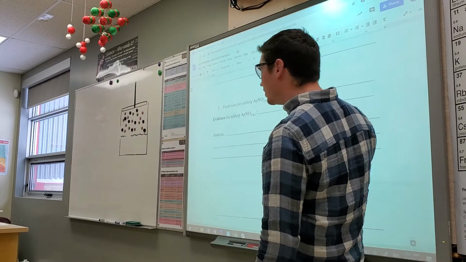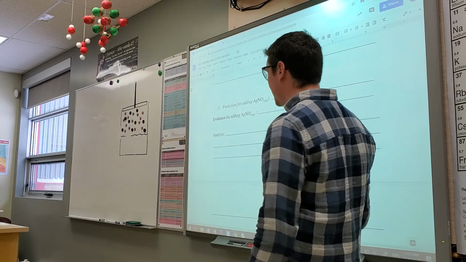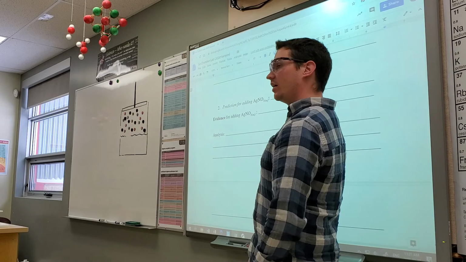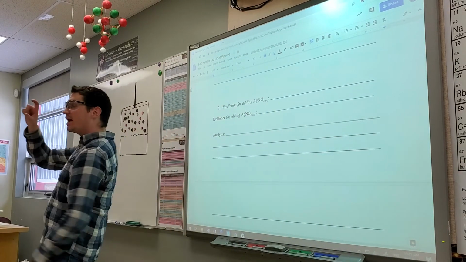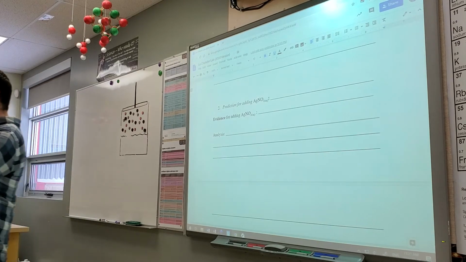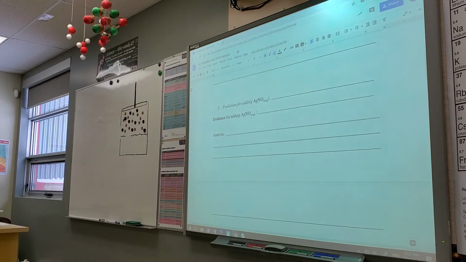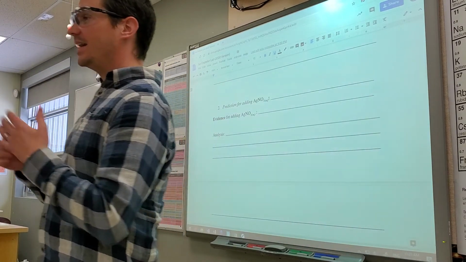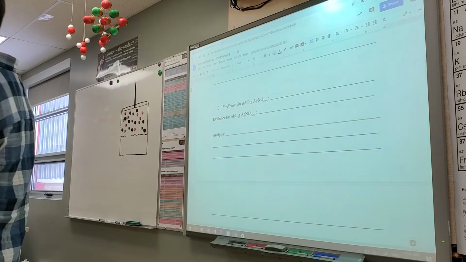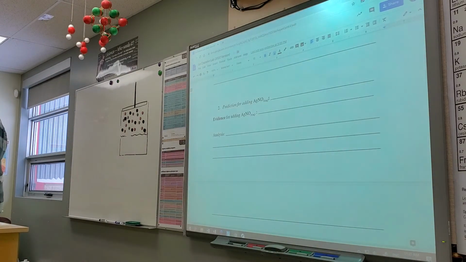What are you going to do to your second test tube? You're going to add some silver nitrate. So you're going to find the little tiny bottle that says silver nitrate. Okay, spoiler alert. Does anybody know what's kind of special about silver nitrate? It stains your hands and your clothing.